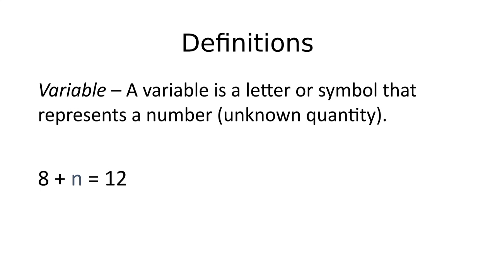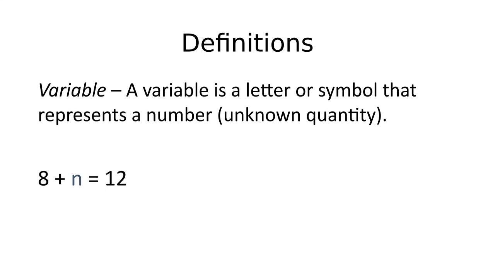So first thing, what is a variable? A variable is a letter or symbol that represents a number. It's just a letter, and you can use any letter. We talk about that in the next slide, but usually we use X or Y. In most cases, we use X or Y as a variable, but in a lot of different formulas in physics or chemistry, there are other letters that we will use.